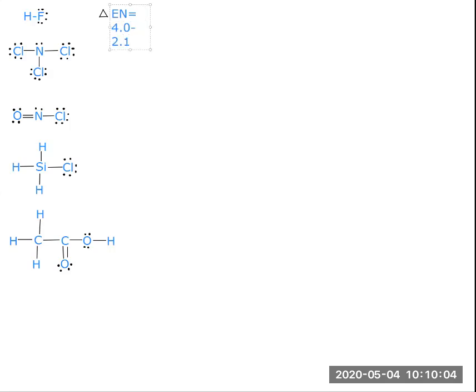So 4.0 for fluorine, 2.1 for hydrogen. Just calculating to make sure I'm not making mistakes here. So it's a difference of 1.9. The delta EN here means electronegativity difference: the E is for electronegativity, EN, and delta means difference. You're calculating a difference here.